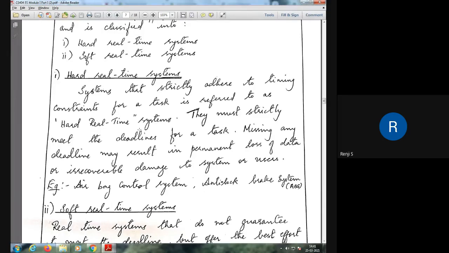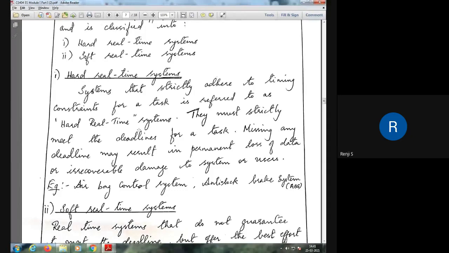system. That is, when a vehicle goes into an accident, the airbag should be released to protect the vehicle, and if it does not work within the particular time limit during the emergency, then the system is a big failure. Also the anti-lock brake system.